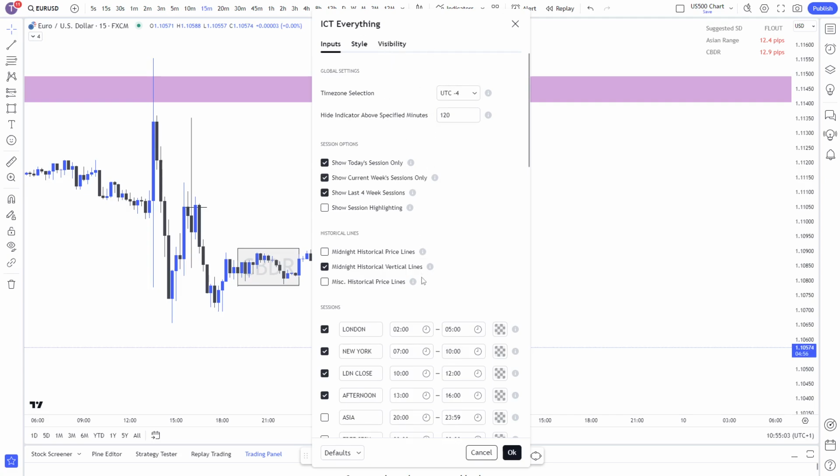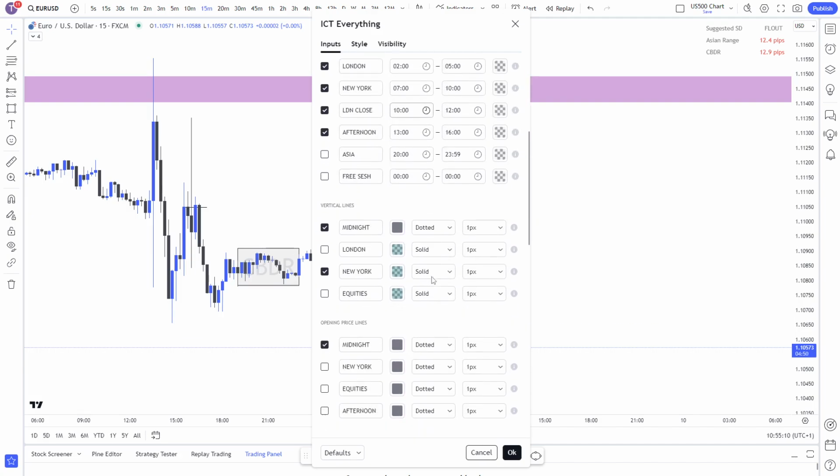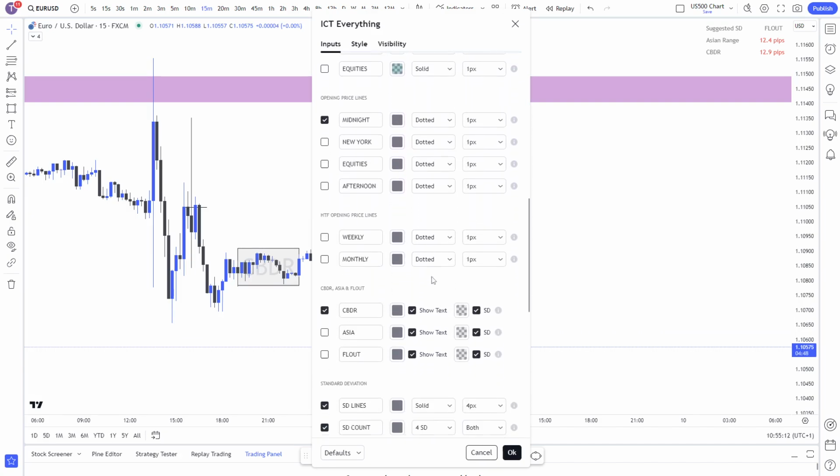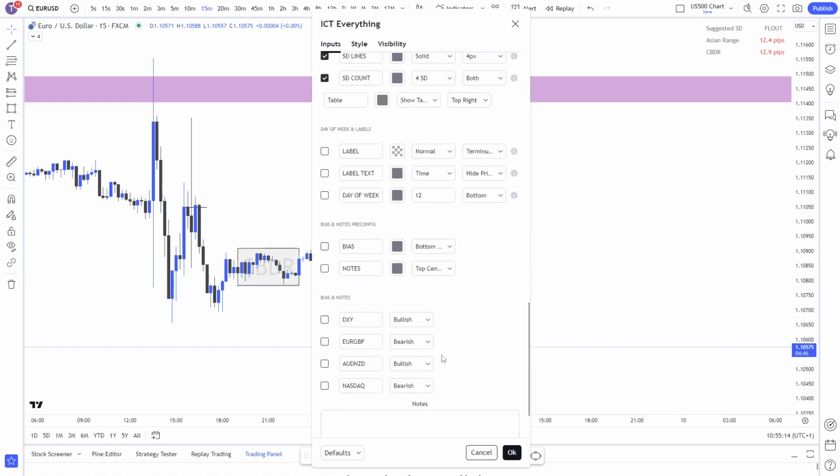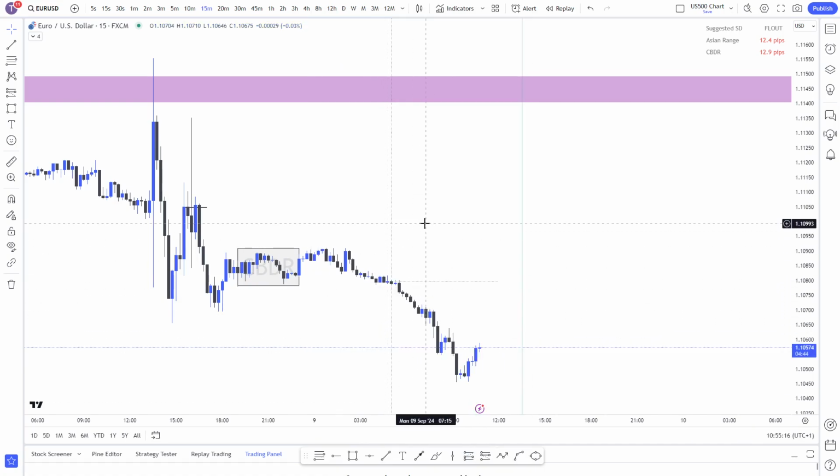If you want to screenshot this, or you want to pause it, then please feel free to take it. And in fact, I'll screenshot all of this for you just in case, but you shouldn't have any issues. It's going to mark out my daily price, which is there. This line here is the opening of today. Now, as we can see, we've got a suggested standard deviation.